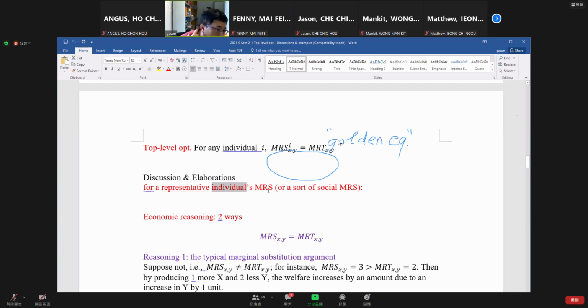Or to simplify our discussion, just imagine here, let's consider a society. Alice and Bob, exactly the same. They have the same preference. We call that a homogeneous population. And let me emphasize these keywords.